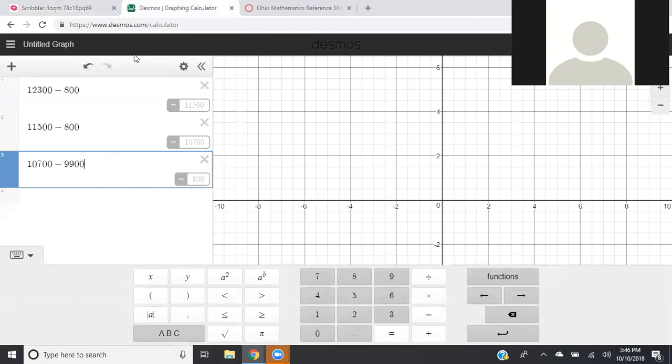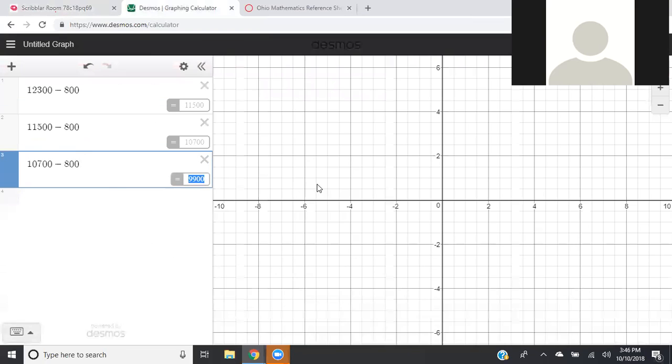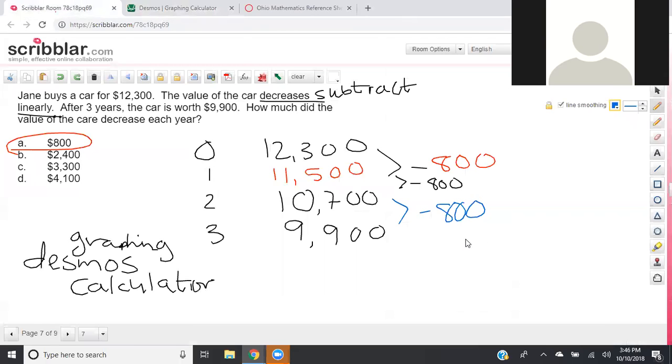I could tell already it's going to be that, because you gotta borrow again. Yep, 9,900. So our first answer happened to be the correct answer. That can happen when you do this guess and check, and you're like, yay, I'm done, instead of having to go through B, C, and all the way to D.